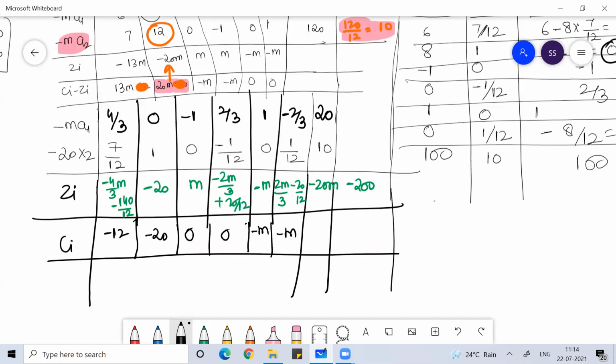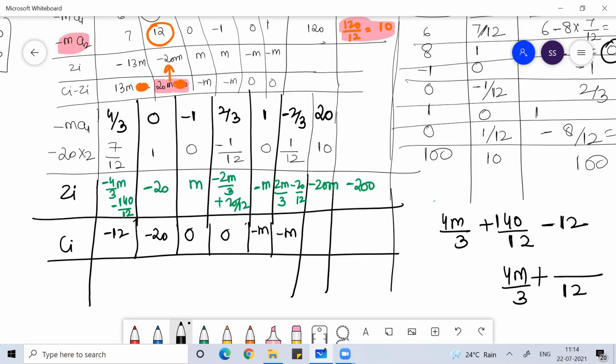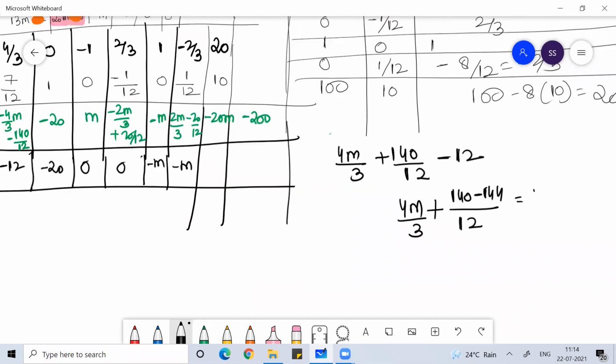So Ci minus Zi is 4m by 3 plus 140 by 12 minus 12. So 4m by 3 plus 140 minus 144 by 12. So this is 4m by 3 minus 4 by 12, or 4m by 3 minus 1 by 3.